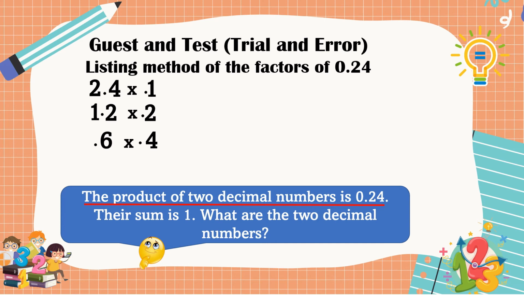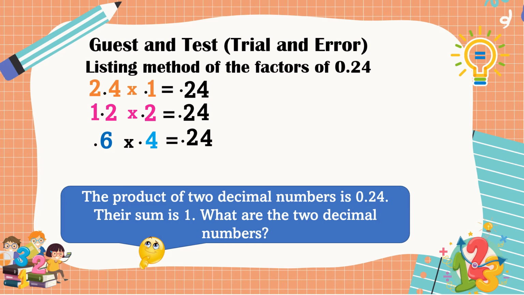Let's check. 2 and 4/10 times 1/10 is equal to 24 hundredths. So it's a check. The second one, 1 and 2/10 times 2/10 is equal to 24 hundredths. Also a check. The third one, 6/10 times 4/10 is equal to 24 hundredths. So for all the factors, their products are 24 hundredths.